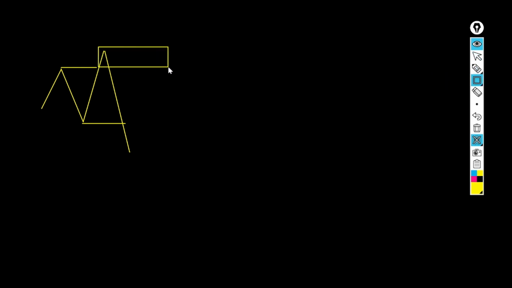This is what we're expecting: a retest to this order block, and you want the market to push up and go down. So this is the basic smart money. The market retests to this order block here, so this should be your entry. This is the basic smart money strategy that everyone knows.